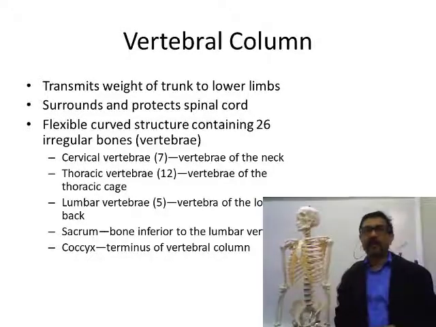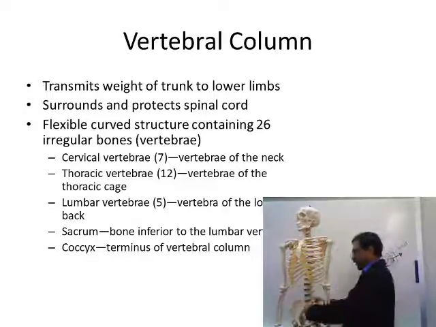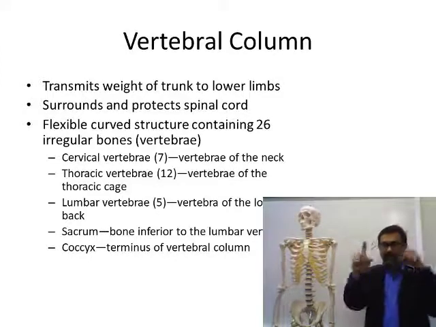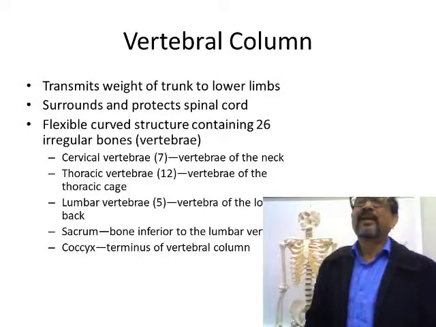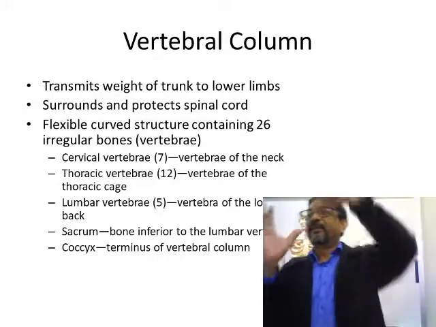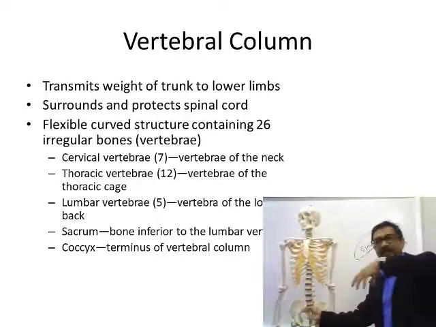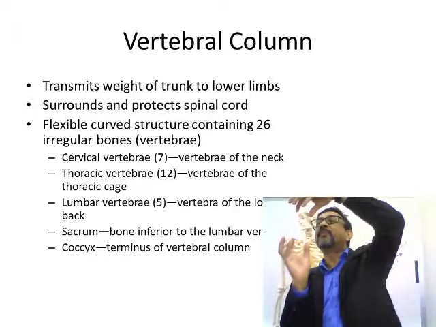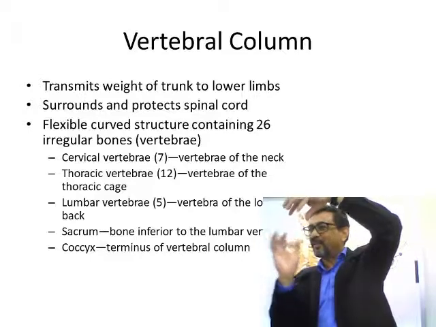And then below the lumbar vertebrae, you have a large triangular bone. You see here, you already know that. This is the sacrum, triangular shaped, large bone. Actually, developmentally, if you see in infants, sacrum is not a single bone. 5 pieces of sacral vertebrae, they are separated in very early stage of life.